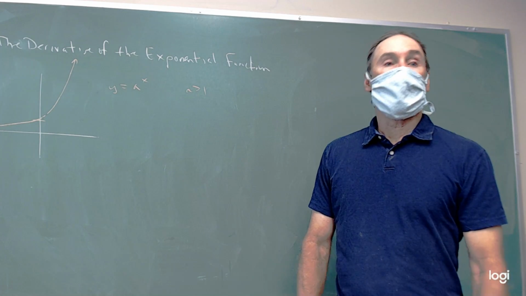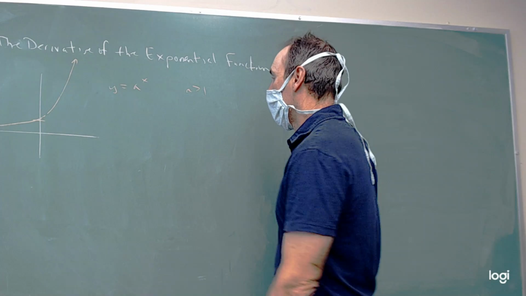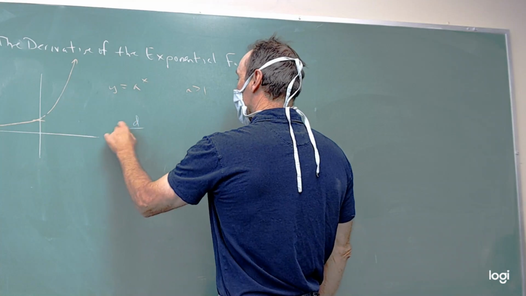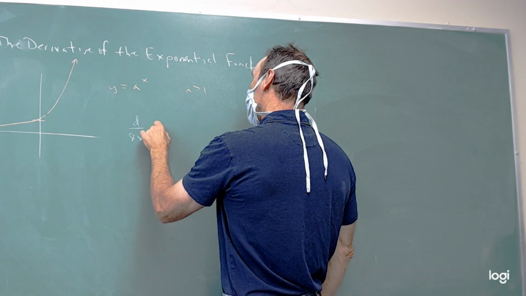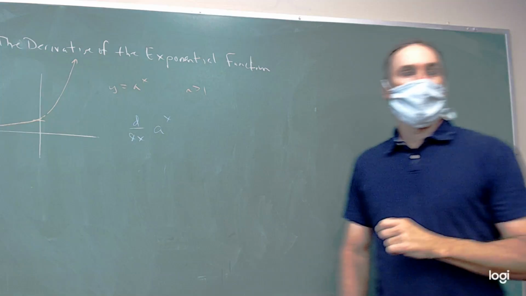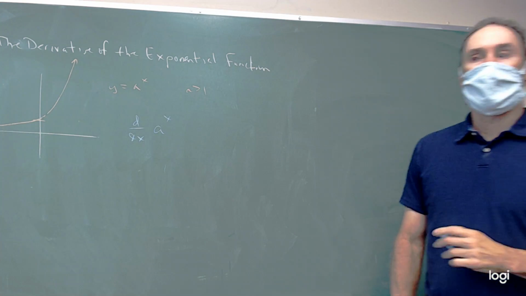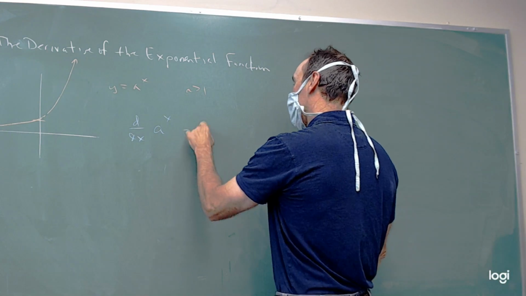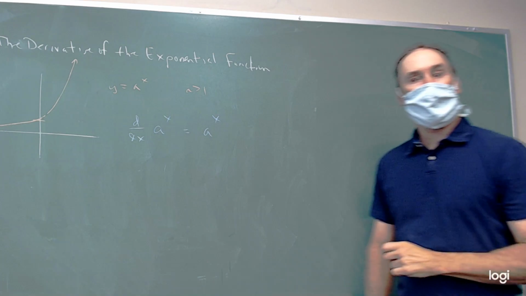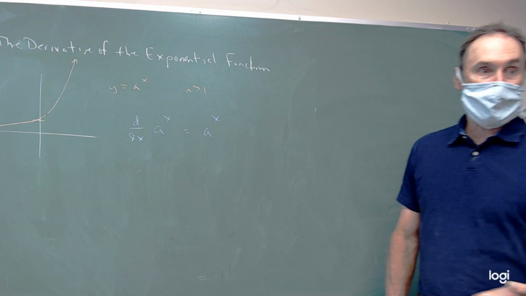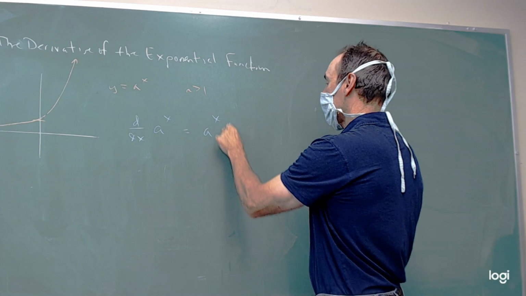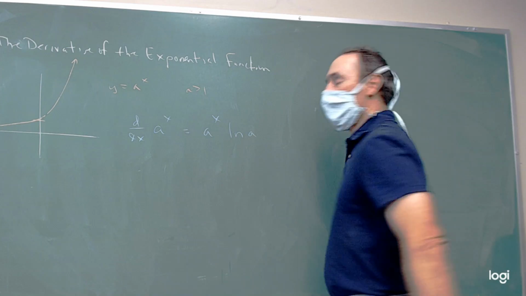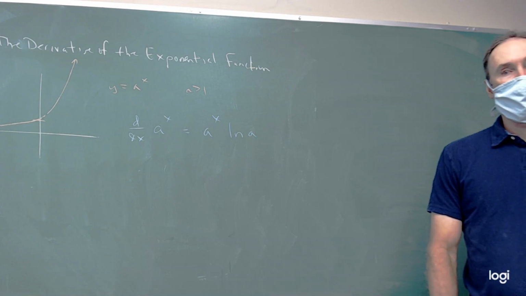Kind of crazy. Well, it turns out that the derivative of a to the x, where a is any number bigger than 1, is going to be that same number a to the x times a constant. And the constant is a little bit annoying. It's the natural log of the base.